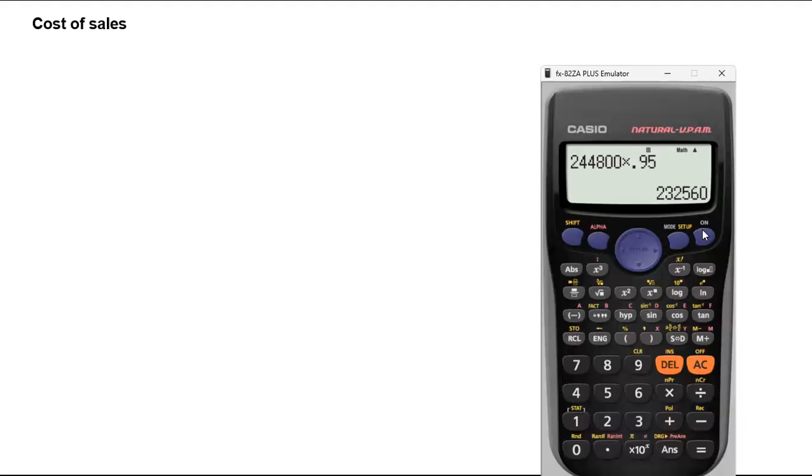If credit sales is 20,000, what does that mean? It means that this 20,000 is the 70% and we want the 100%. So you'll multiply that 20,000 by 100 and divide it by 70.